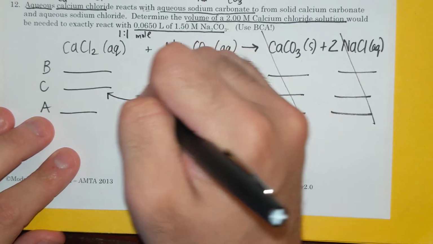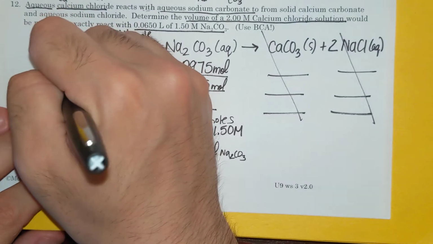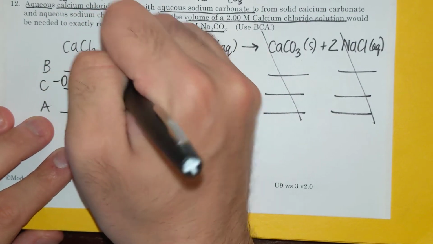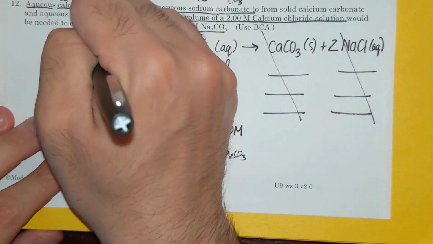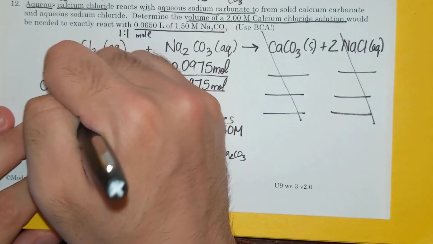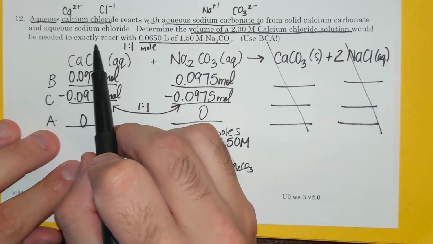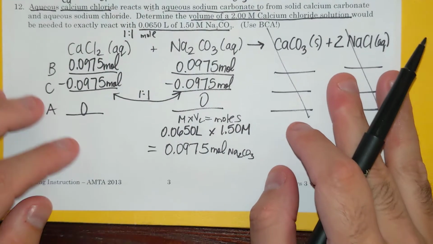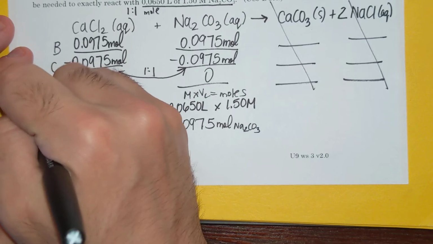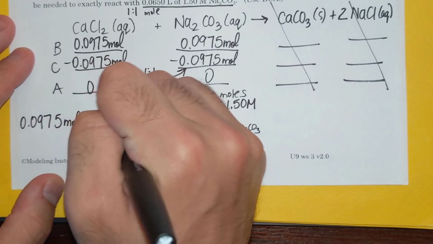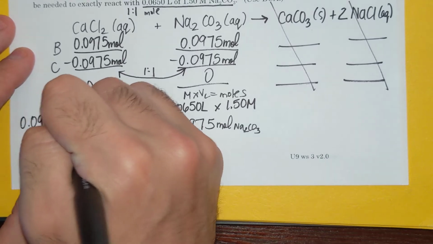This is a 1-to-1 ratio. So I should also use 0.0975 moles of calcium chloride. And it's okay that they're both 0. It says needed to exactly react, so I don't have anything in excess. So this means I have 0.0975 moles of calcium chloride that's needed.